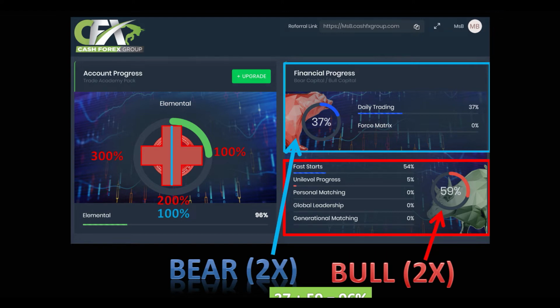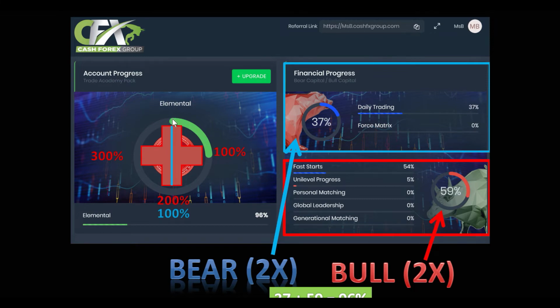So let me break that down a little further. As you can see, the green line here is about quarter of the way through this entire circle. Why? Because I'm a bull, so I will get 4x my investment. I'll get 2x as a bear and an additional 2x as a bull.